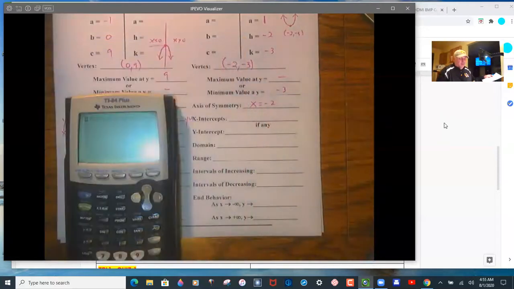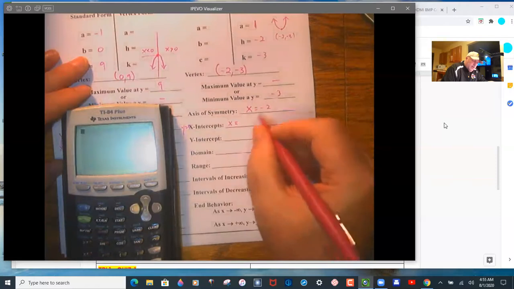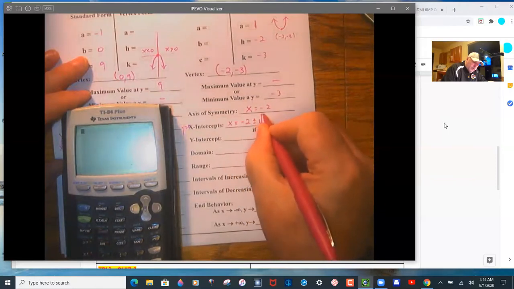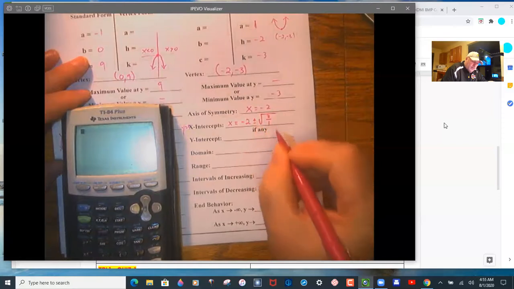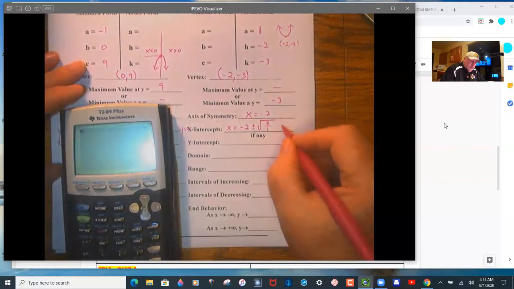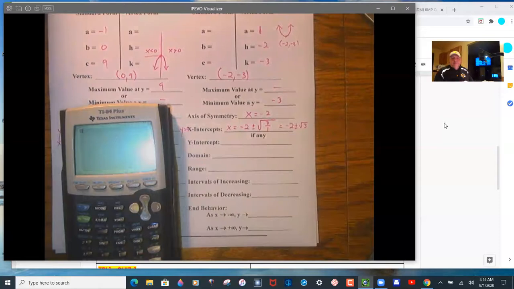What does that look like? Well, h is -2 plus and minus the square root of -k over a. I'd let you do that.